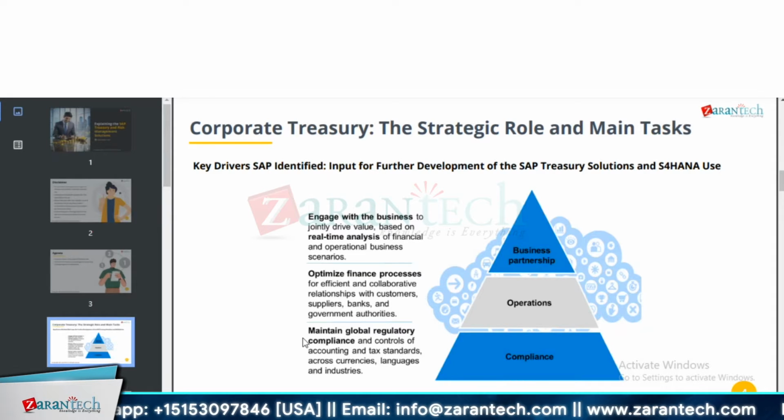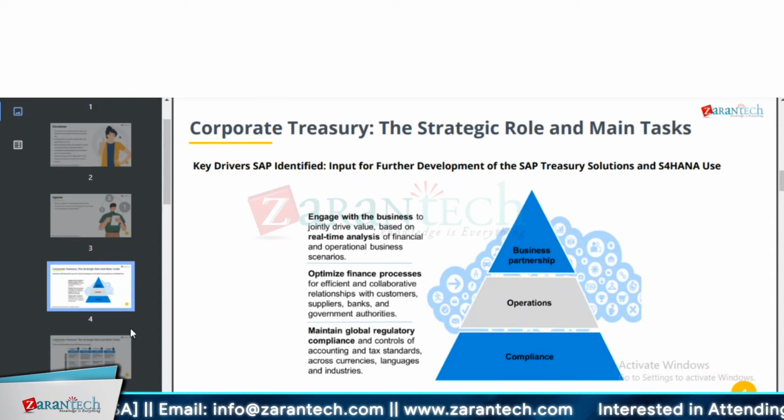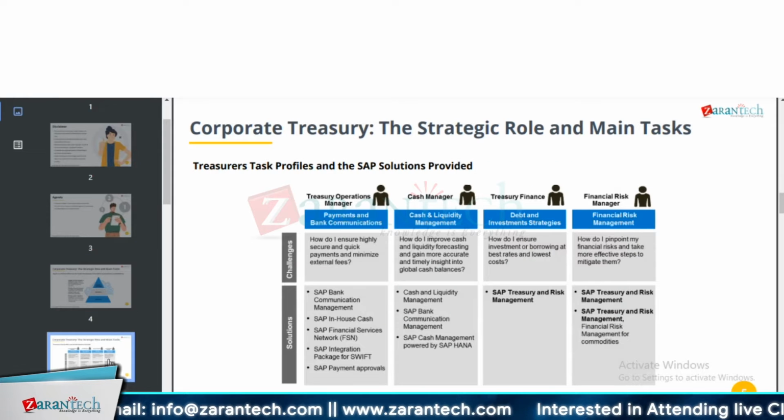Further, we have global regulatory compliance, which is nothing but their accounting and tax standards across the different currencies that they are using. Moving to the next slide, we have the strategic role and main tasks.